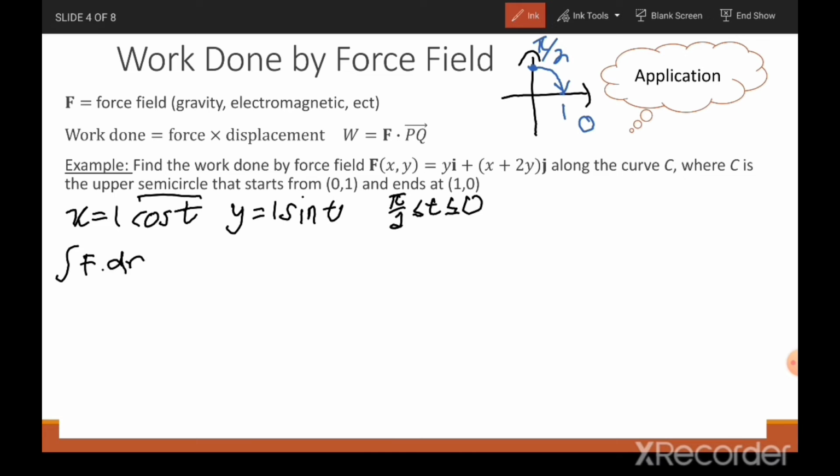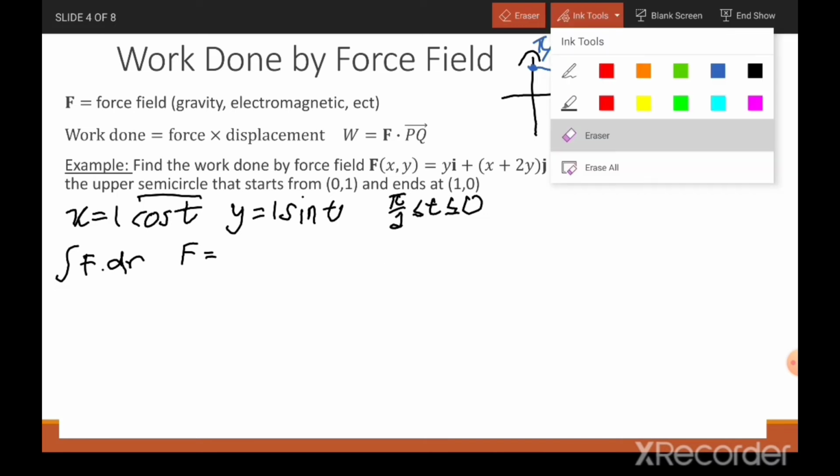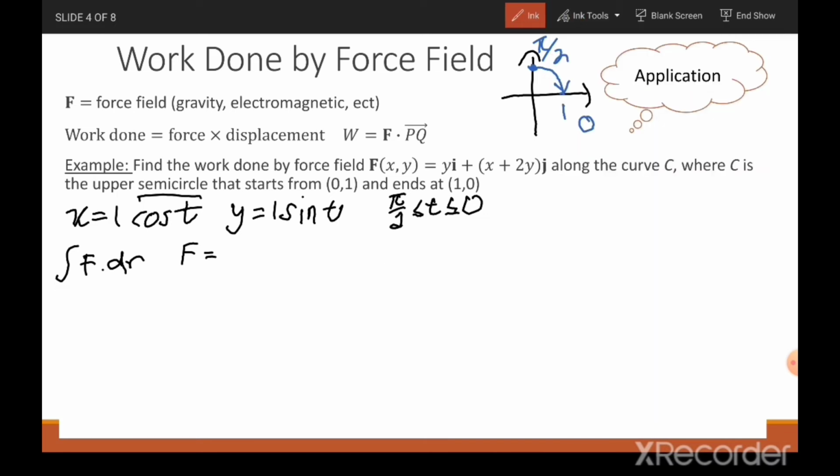So to find the line integral, F dot dr. So F, based on the equation given, is yi plus, and so on. So for this y, better you convert, y equal to sin t. So in vector j, x plus 2y. Just include x equal cos t and y equal sin t.